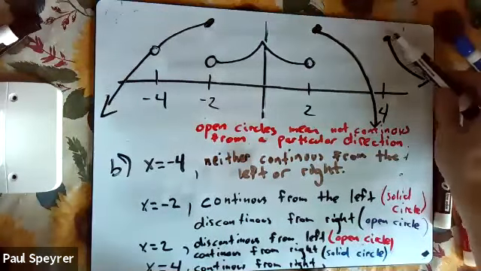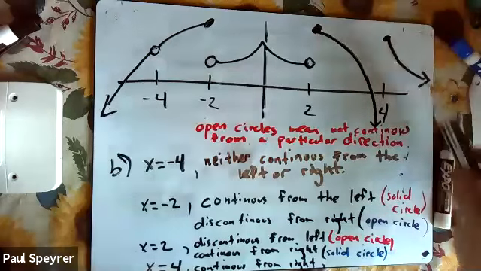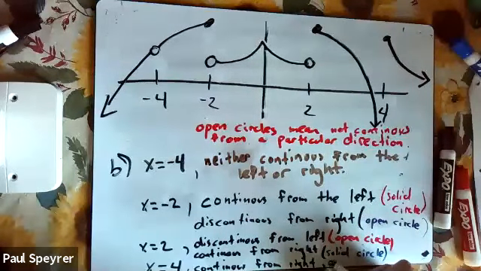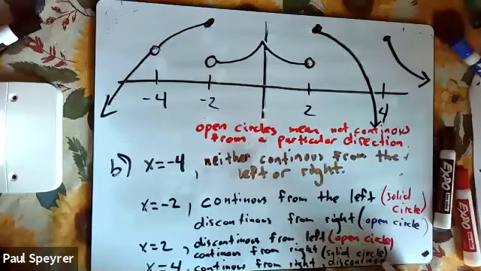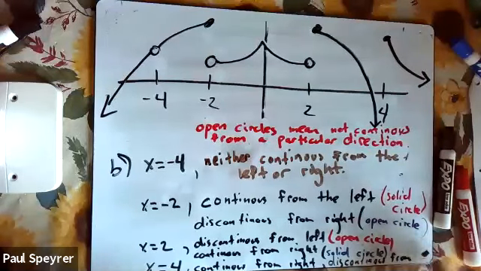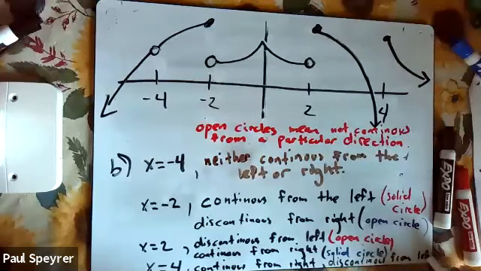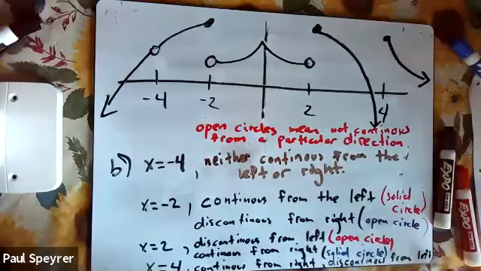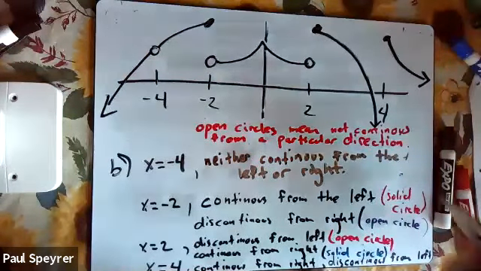So it is continuous from the right, because we have a solid circle, and it's discontinuous from the left, because we're going to negative infinity. Make a note right there: if you're going to infinity or negative infinity, that means it's discontinuous when you approach that particular x value from that direction.